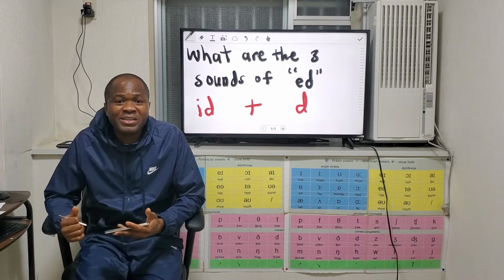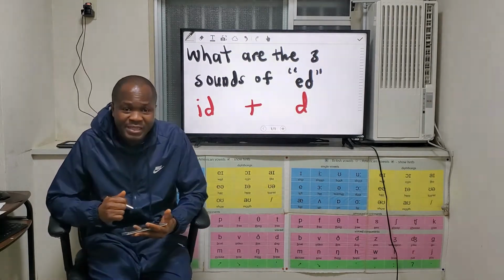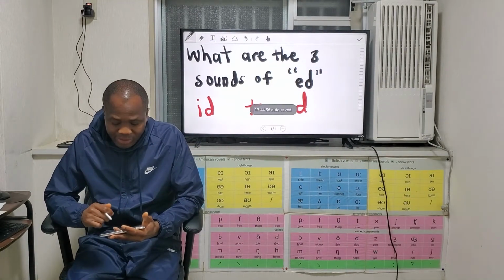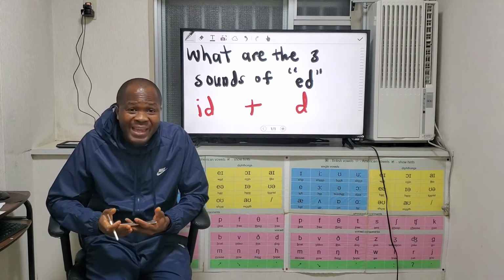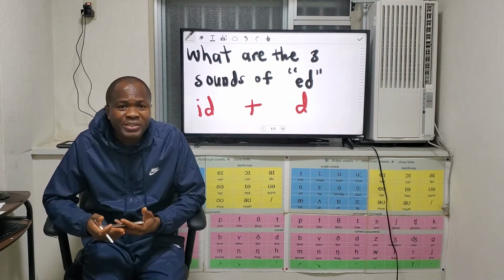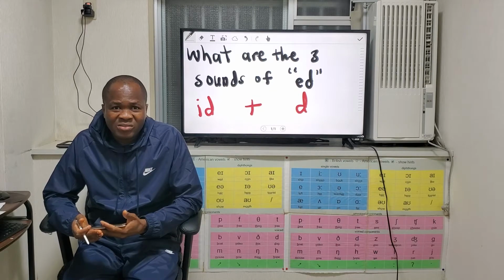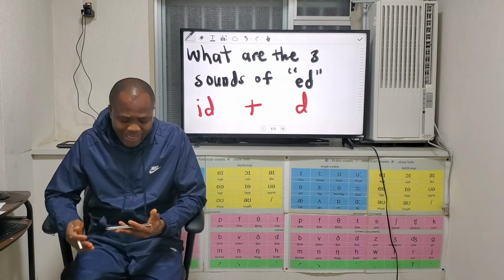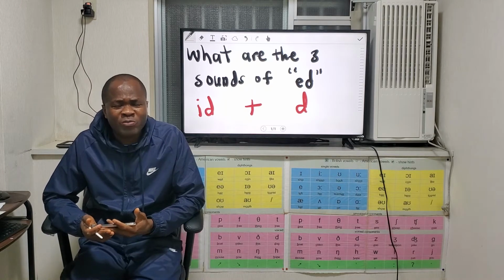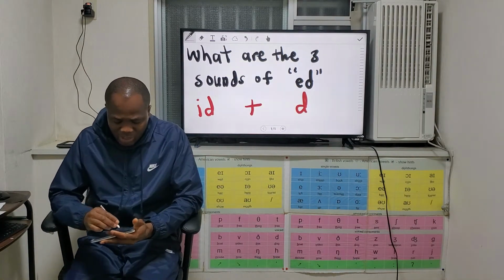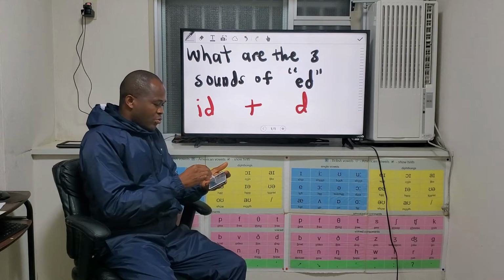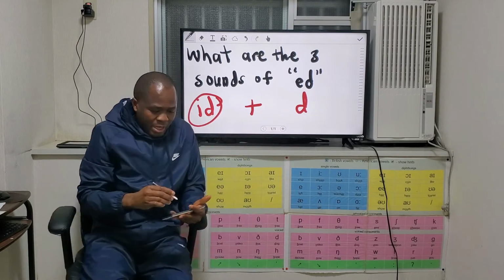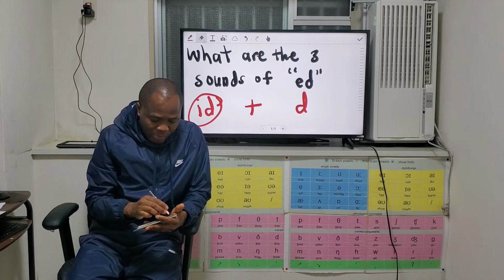So whether it is going to be id, t or d will depend on the ending of the word, especially the consonant ending, if it is voiced or not voiced. So let's quickly look at the three ways: id, t and d. Now let's go to the first one.